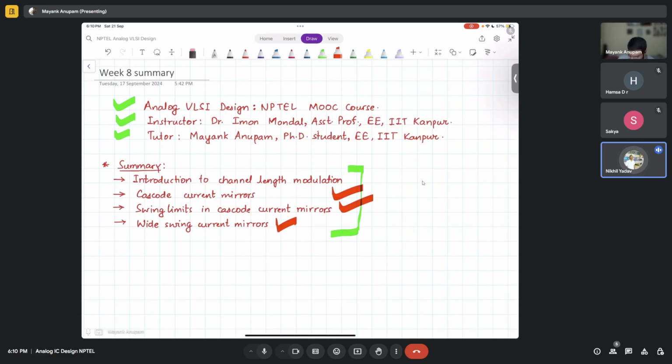Different types of biases give different types. Correct. I discussed this in the first or second class itself. We have four types of controlled sources: VCCS, VCVS, CCCS, and CCVS.